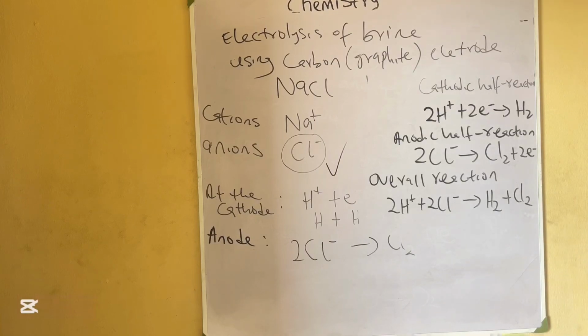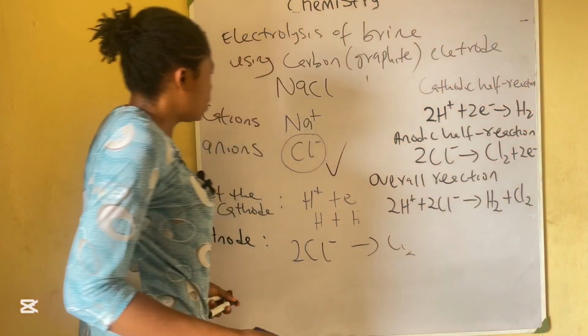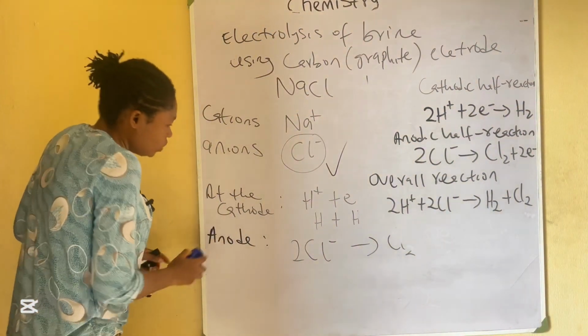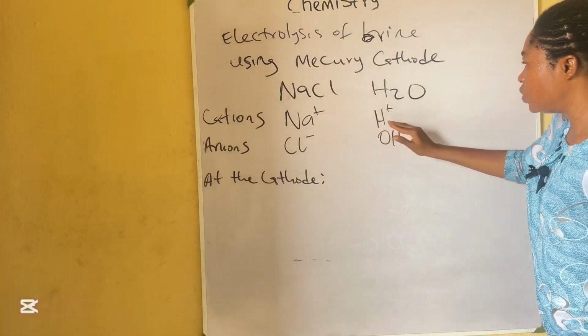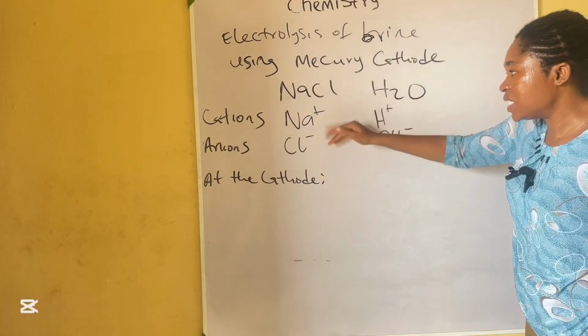Okay, let's look at this electrolysis again using another electrode, using mercury cathode. If mercury is the cathode, what will happen? Sodium ion and hydrogen ion will migrate to the cathode. Which of them is going to be preferentially discharged?